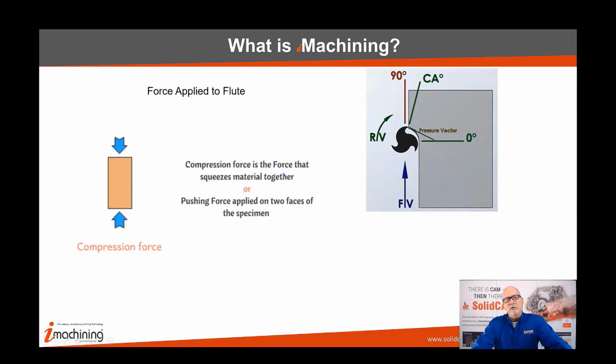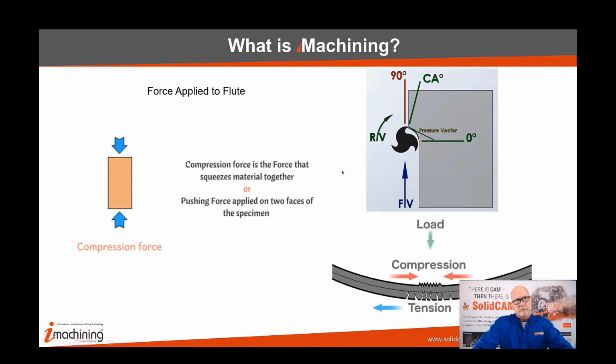It changes the force that is applied to the flute. The desired force is compression force, because carbide is a very hard substance. It's very abrasion resistant, and it can stand up to compression force better than most other materials on the planet. What it doesn't handle very well is tensile force. Let's talk about that a little bit.